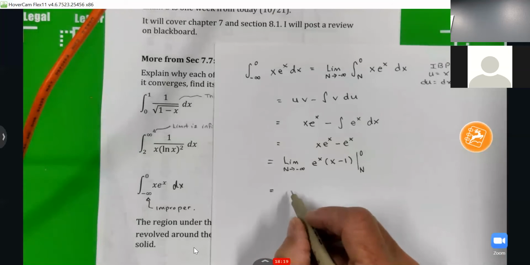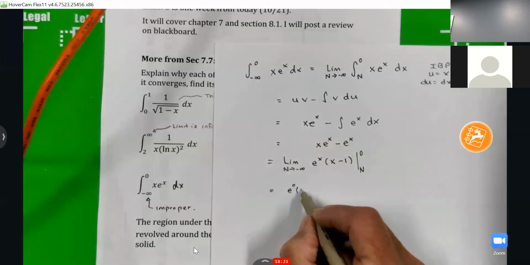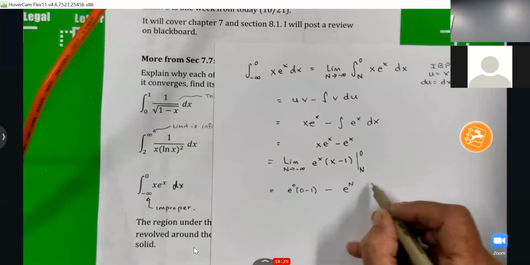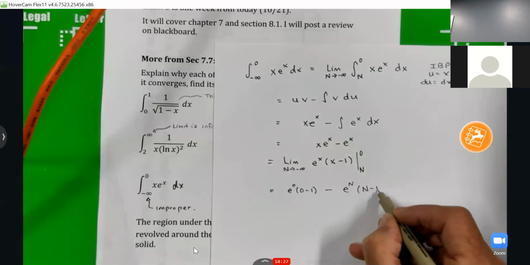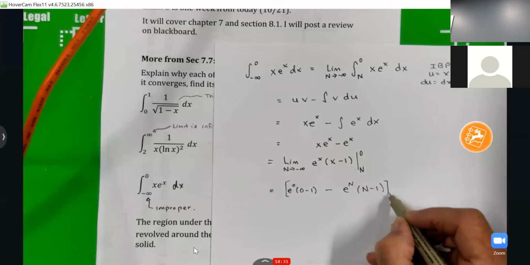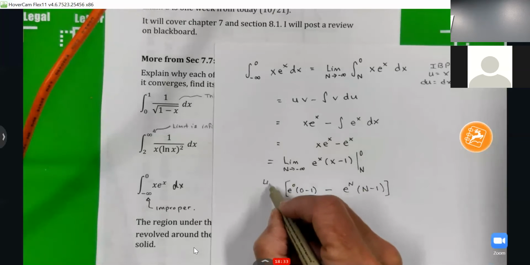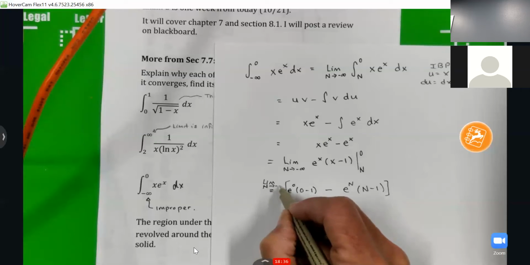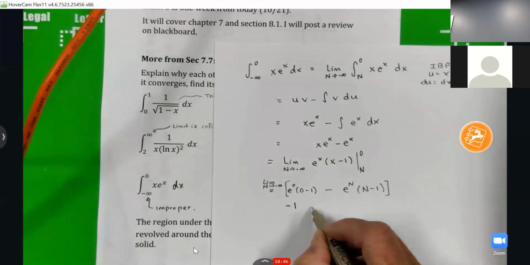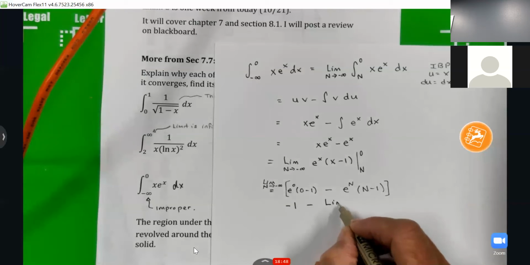We get e to the 0, 0 minus 1, minus e to the n, n minus 1. And then we're taking the limit of that as n goes to minus infinity. E to the 0 is 1, so that first number is just a negative 1. Let me put the limit here so you can look at it.